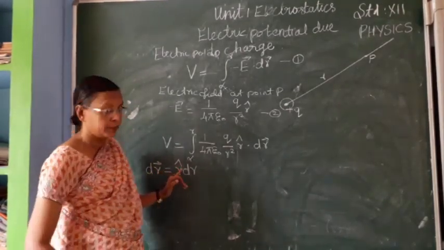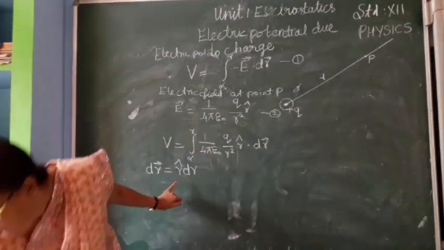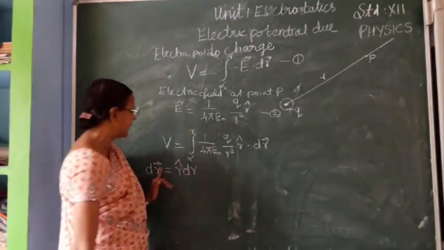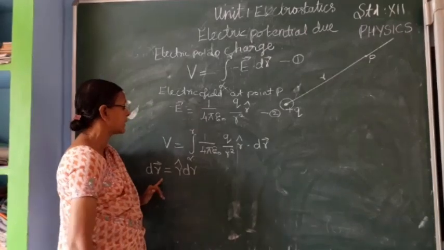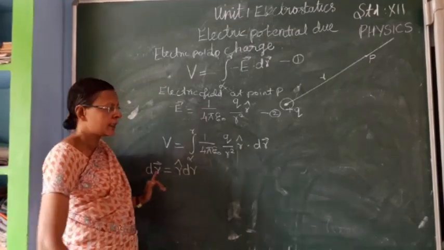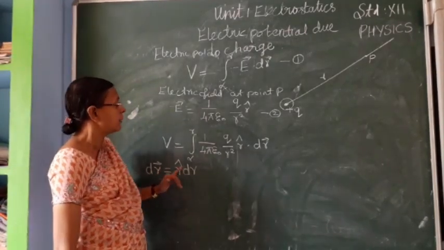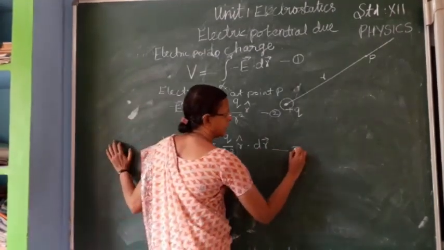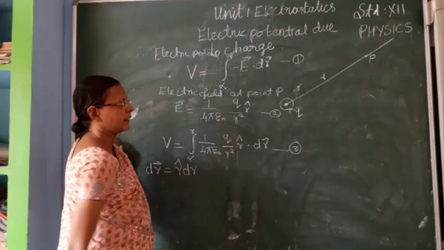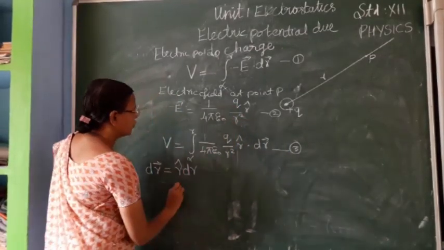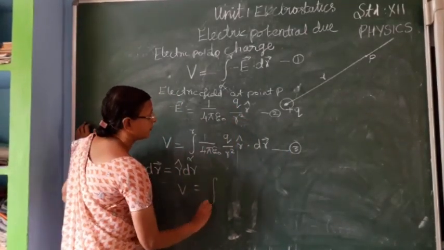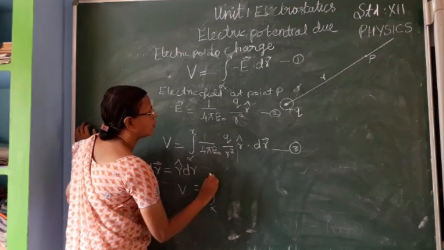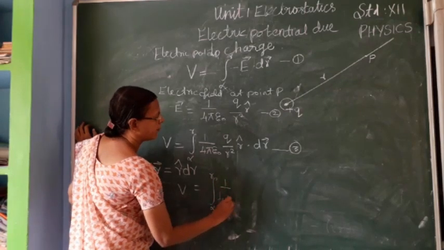This is dr vector, so R cap dr. We substitute this in equation number 3. So V is equal to integral from infinity to R of 1 by 4 pi epsilon 0.